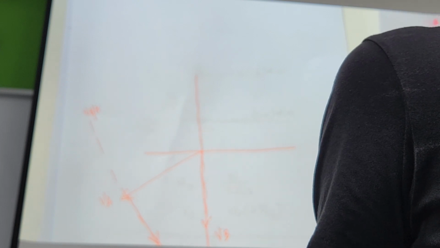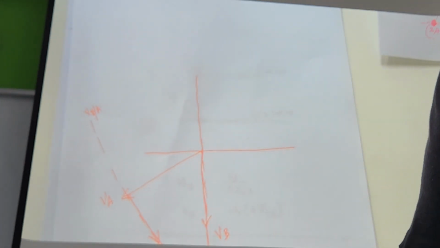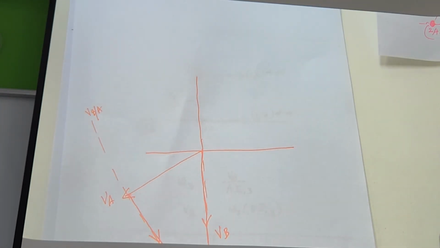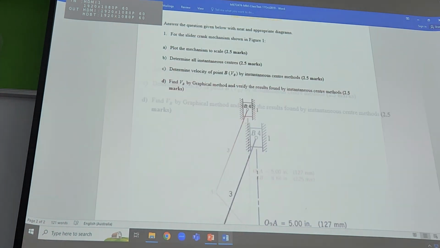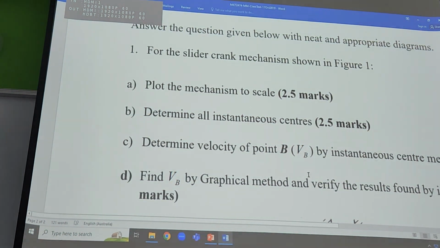Okay, so online you need to answer, the marking scheme is very clear. There are 4 parts you can see here. Plot the mechanism to scale will be 2.5 marks.